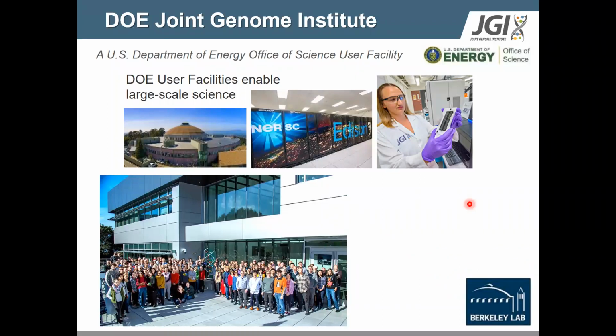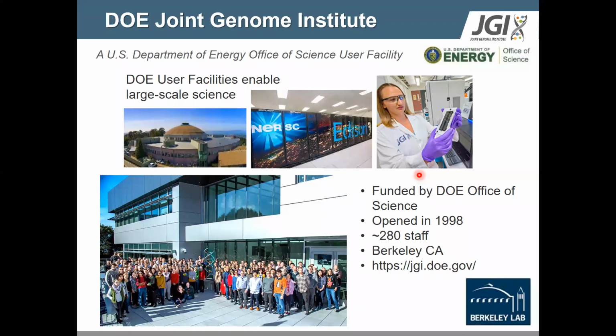So the DOE JGI is a facility which promotes omics research, essentially sequencing, providing sequencing capacity to scientists worldwide in order to characterize the genomes, metagenomes, transcriptomes, metatranscriptomes of plants, fungi, bacteria, and archaea, and environmental communities of all of them.